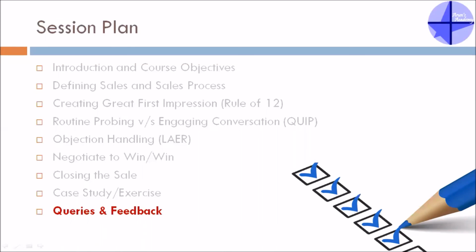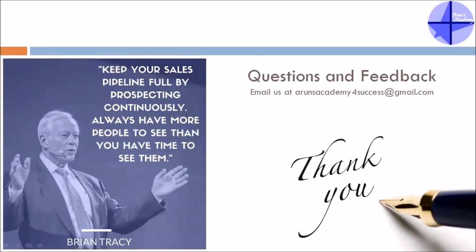We also learned a technique called LAER to handle objections of the customers, and then moved on to understand negotiation to win-win. Learned that negotiation is nothing but collaboration and not a compromise. Finally, we understood the closing of the sale and the 3 different types of closing which can happen in a sales process. We also understood the exercise or the case study which needs to be completed for certification in this course.